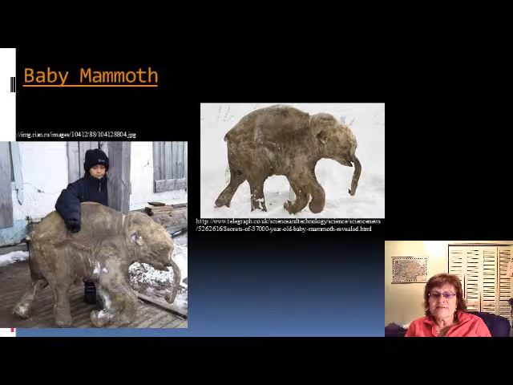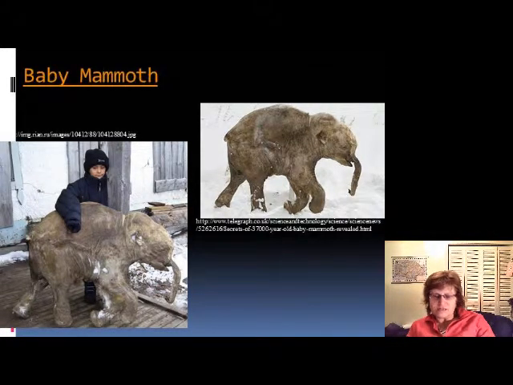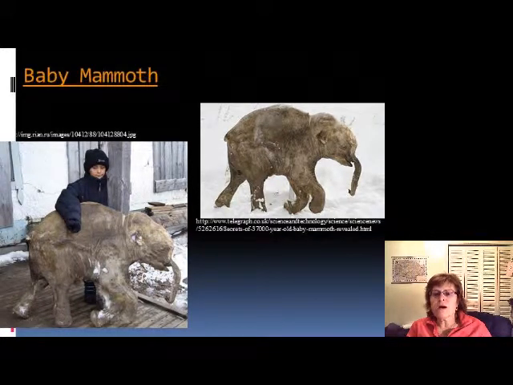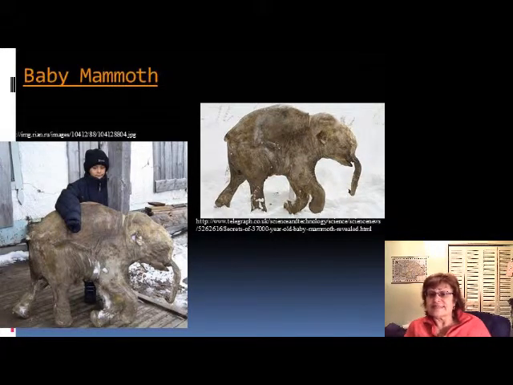In the ice, they found a baby mammoth. It was really interesting because when they opened its tummy and looked at the contents of its stomach, you could actually plant the seeds. The mammoth had been eating some kind of plants with seeds, and they could plant the seeds and actually grow those plants, which is really, really interesting.